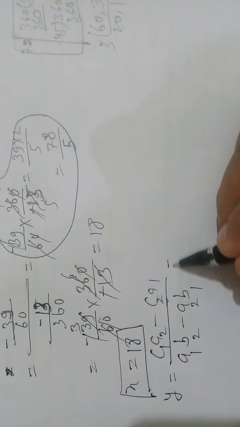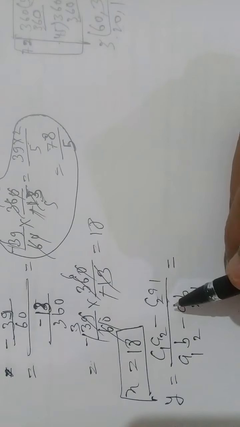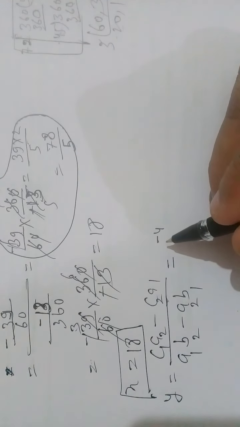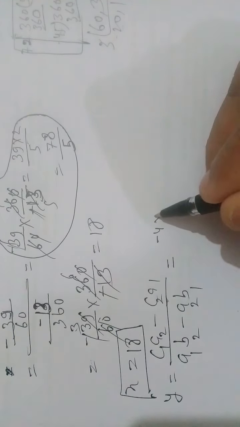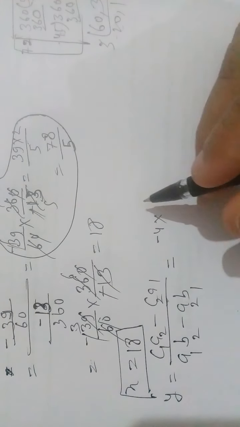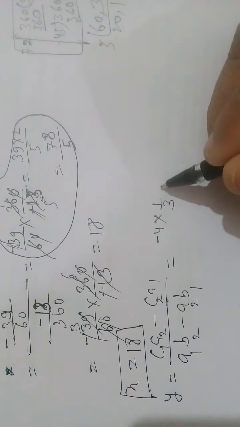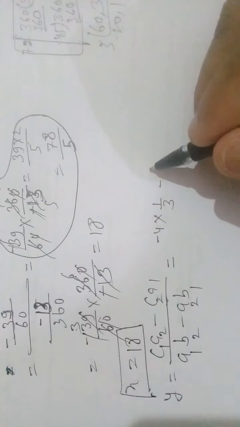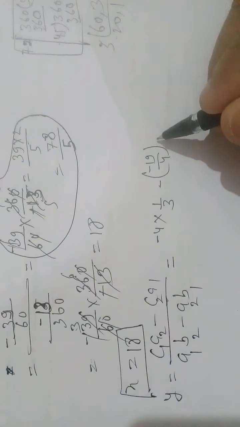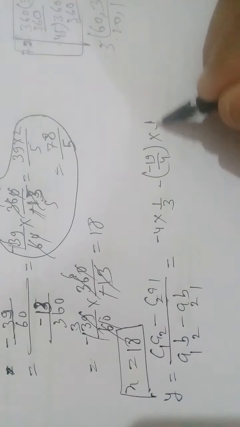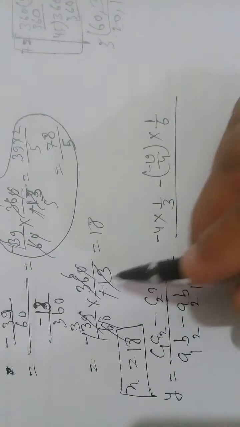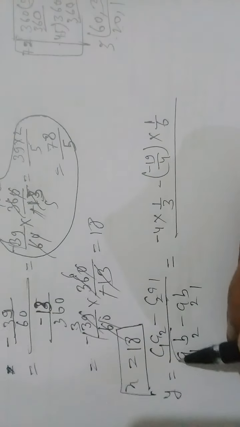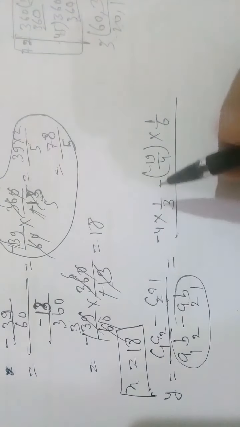Next, putting the values: we know that c1 is minus 4 into a2 which is 1 by 3, minus c2 which is minus 19 by 4 into a1 which is 1 by 6. The denominators are equal in the formula, so its solution is minus 13 by 36.